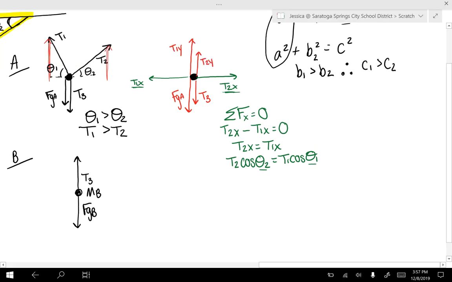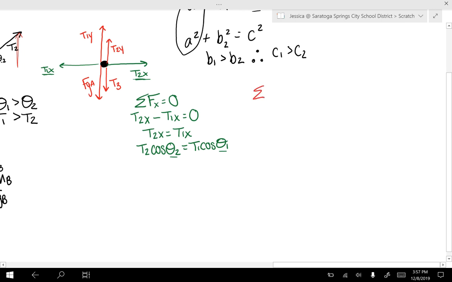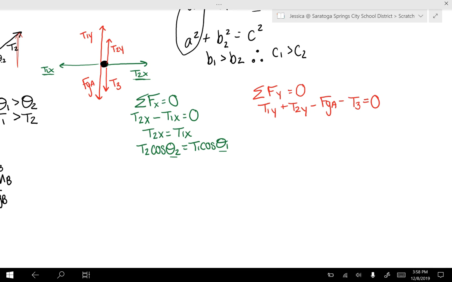And if the angles are different, then our cosines are going to be different. Then in the y direction for mass A, again equal to 0, we have T1y and T2y pointing upwards with an FGA and a T3 pointing downwards. So we don't know a couple of different things.